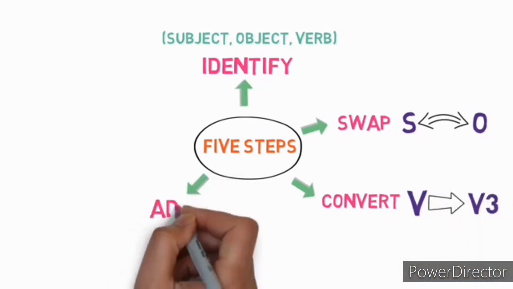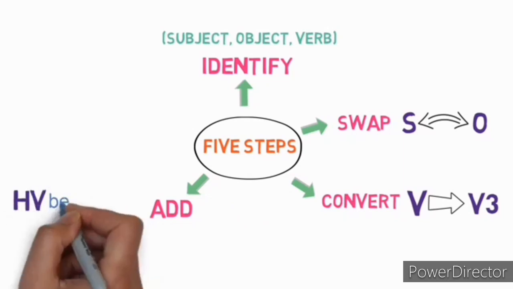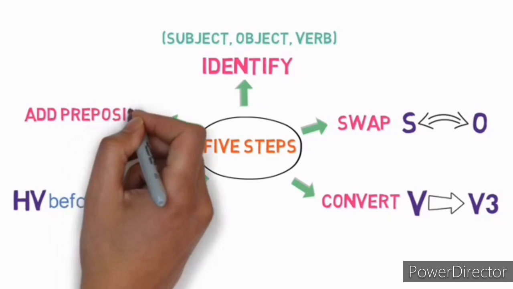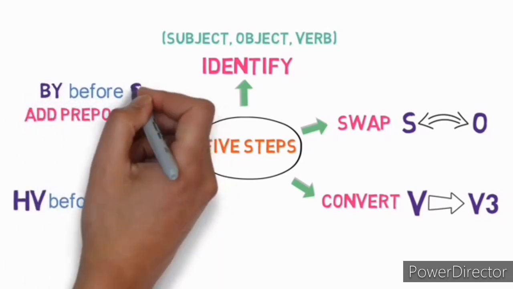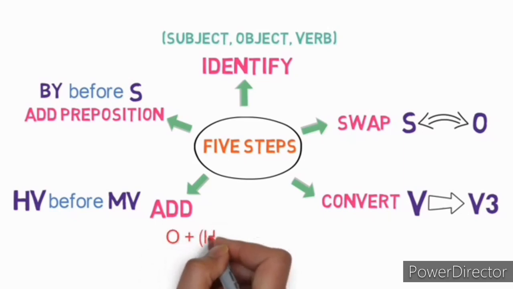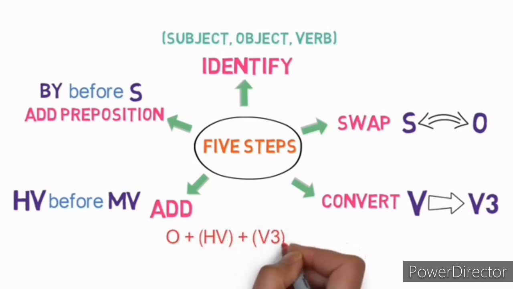Next, add proper helping verb before the main verb. Finally, add preposition by before the subject. At the end, the sentence structure of the passive voice is like object, helping verb, V3 form plus by with subject, right?